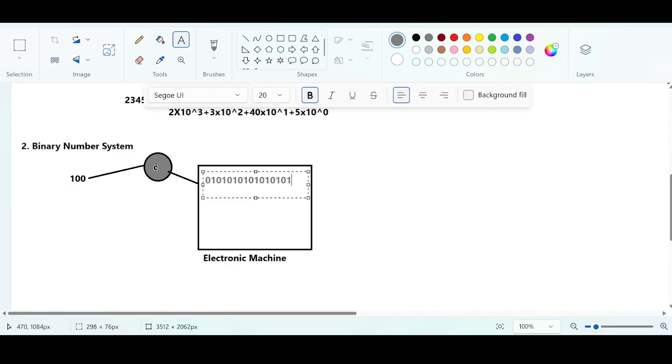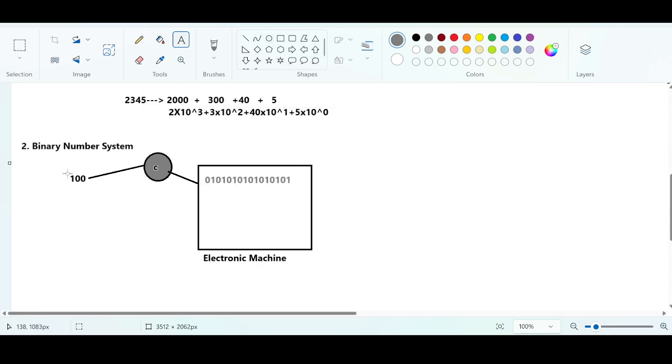This converter ensures that the 100 represented in decimal format becomes understandable by the machine language. For us, this is how 100 looks. For the electronic machine, this is how 100 looks.